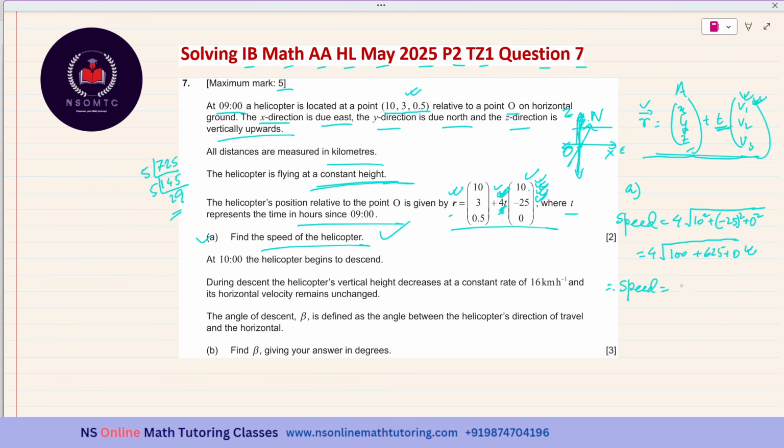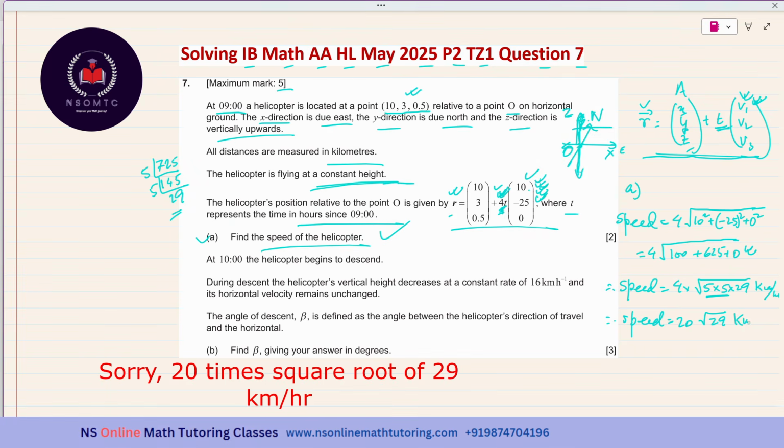So it will be 4 times the square root of 5 times 5 times 29. The speed, of course, is in kilometers per hour. Therefore the speed is equal to, one of the 5's comes out, and 4 times 5 is 20. So it will be 20 times the square root of 29 kilometers per hour. This is the exact value of the speed.